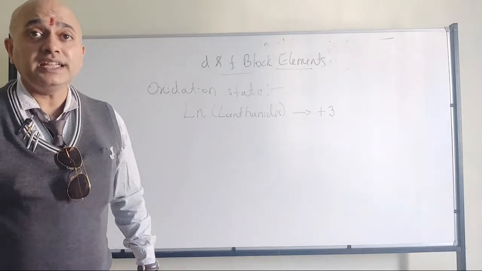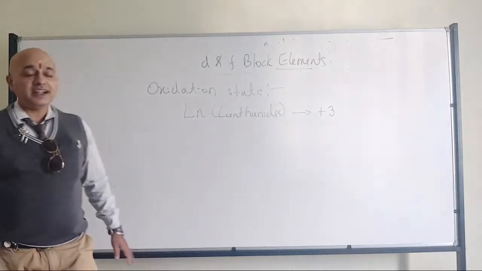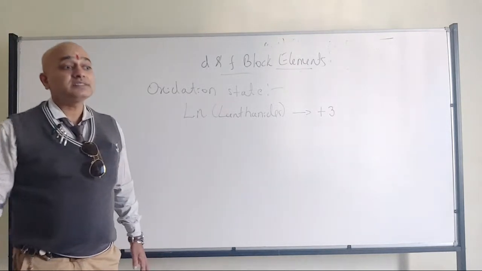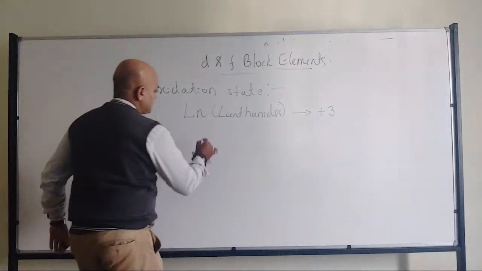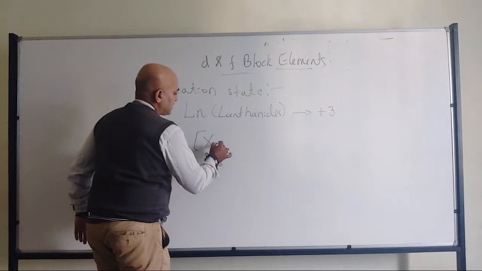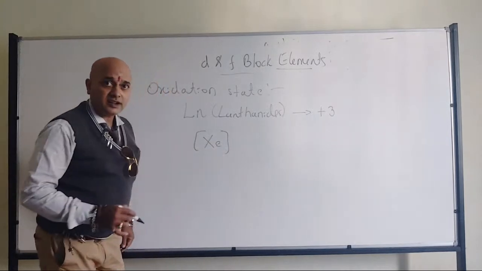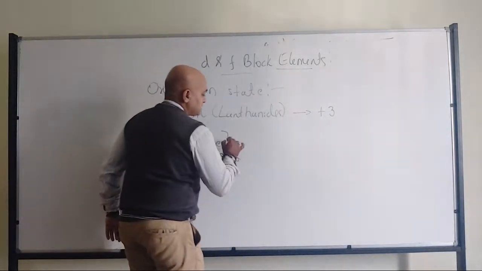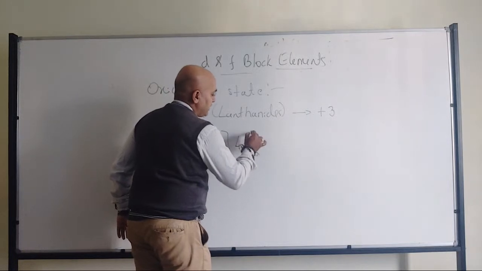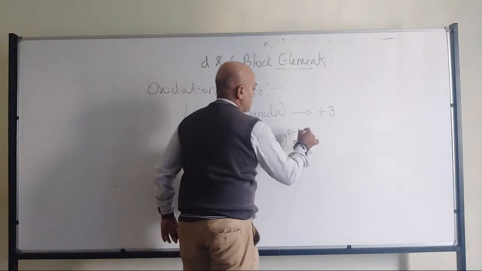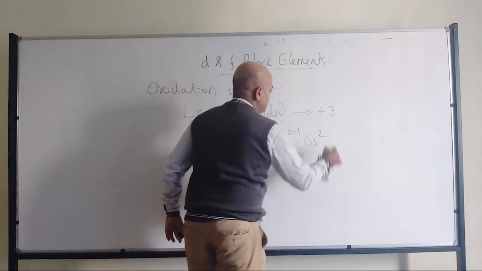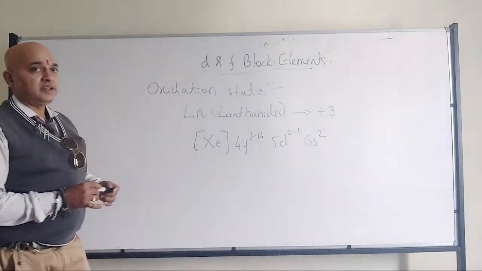Now the question here is, why do lanthanides have the +3 oxidation state? The reason is very simple. The general electronic configuration is 4f 1 to 14, 5d 0 to 1 and 6s2.